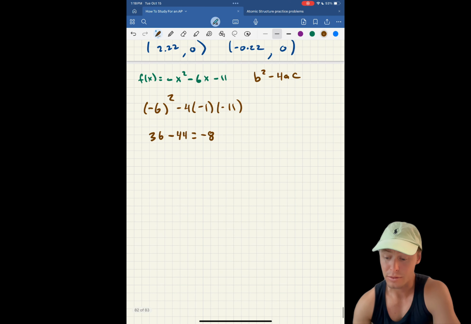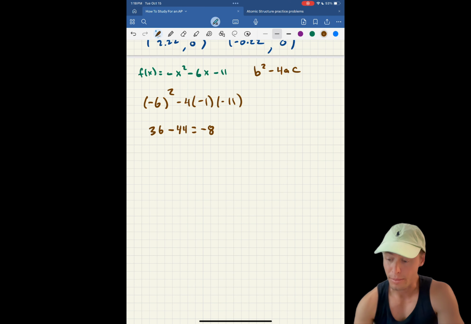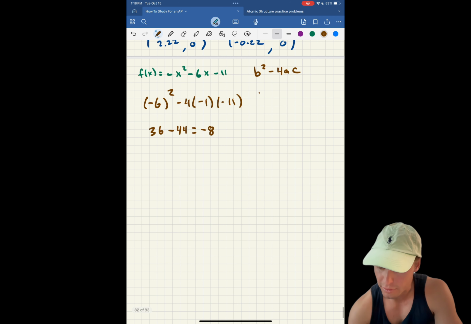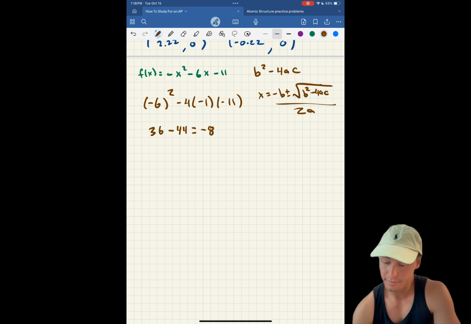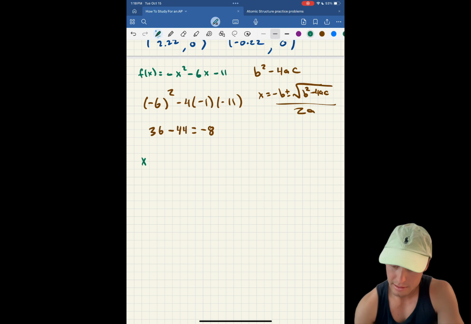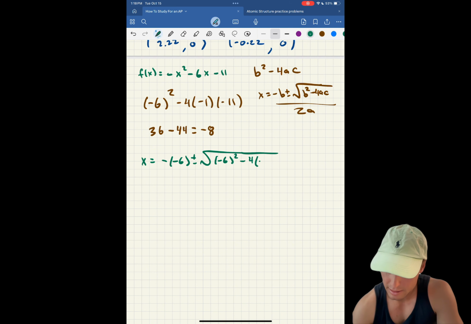So let's see what happens when we go ahead and plug this into the quadratic formula. Remember, the quadratic formula is negative b plus or minus the square root of b squared minus 4ac all over 2a. So x equals negative negative 6 plus or minus the square root of negative 6 squared minus 4 times negative 1 times negative 11 all over 2 times negative 1.